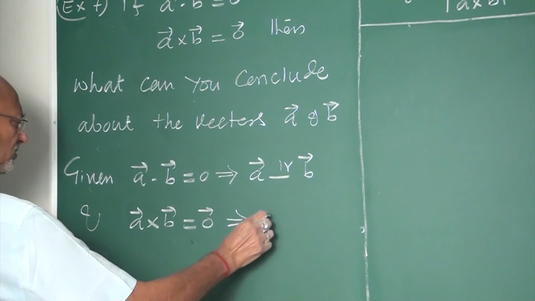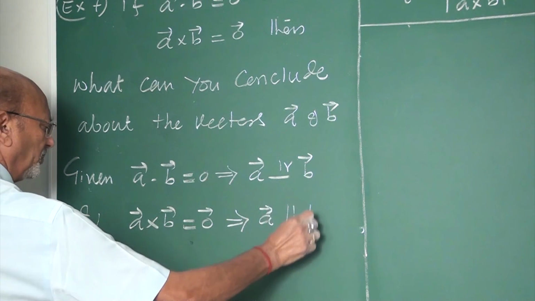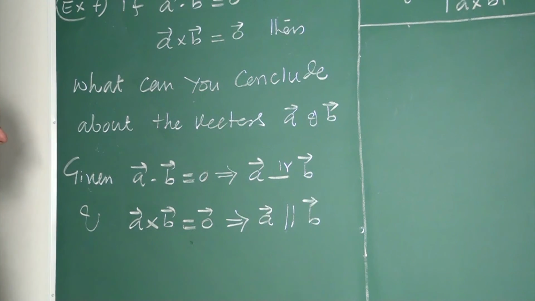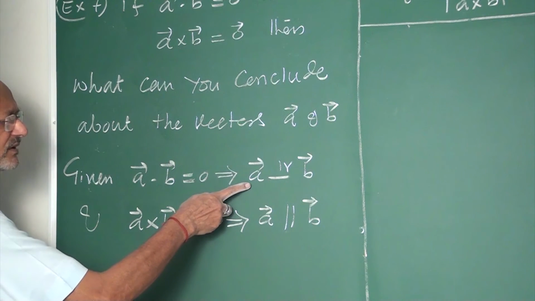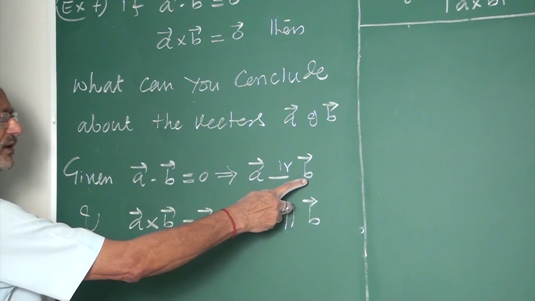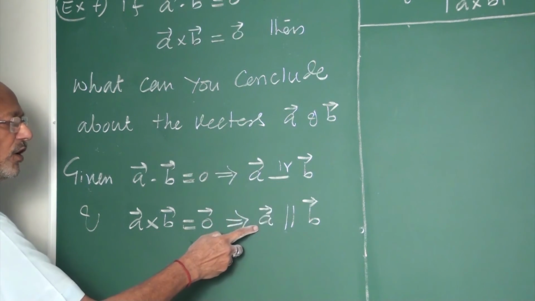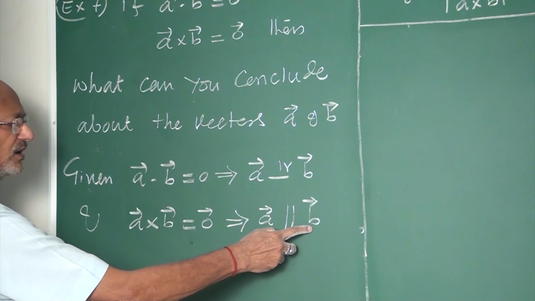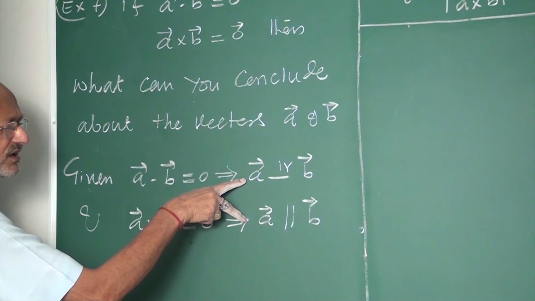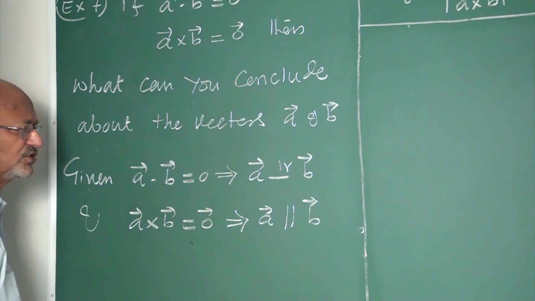This implies vector A is parallel to vector B. But my friends, only one will happen. Either vector A is perpendicular to vector B or vector A is parallel to vector B. But both don't exist. It exists only when they are 0 vectors.